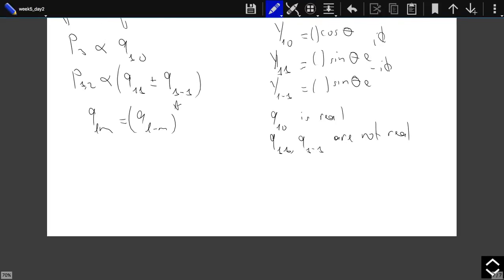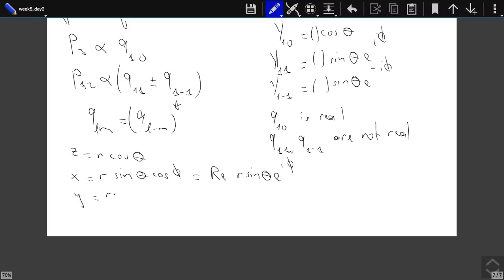So the identification is, z is equal to r cosine theta. x is r sine theta cosine phi, which is the real part of r sine theta e to the power i phi.